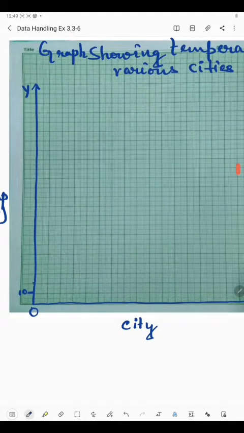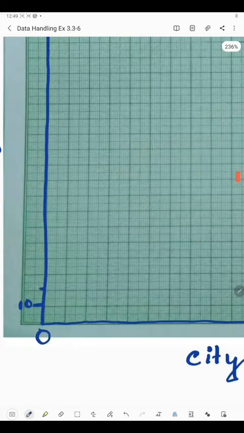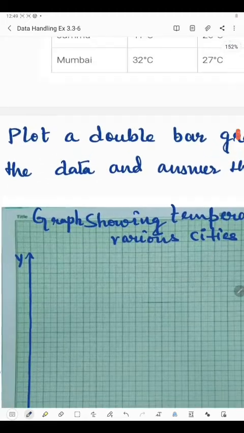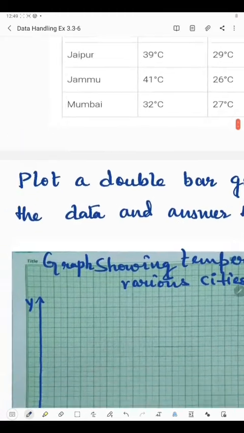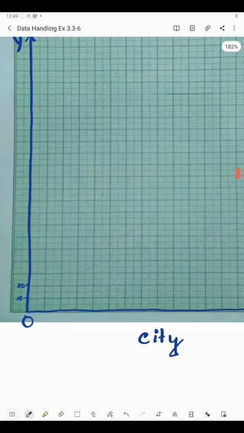So we will take this same distance on the green color line. We'll be taking 20, and since here highest value is 41, we'll take up to 50. So 10, 20, 30, 40 and 50.